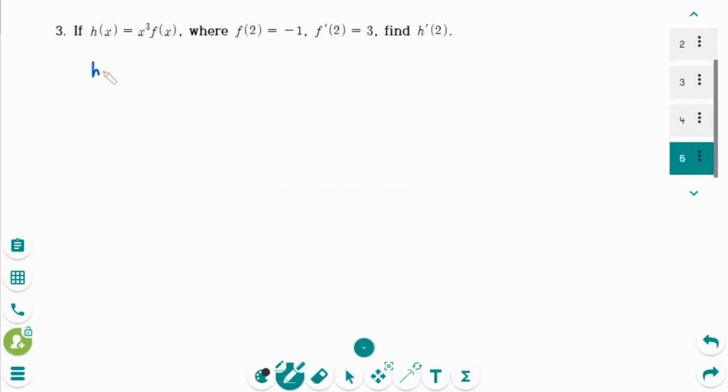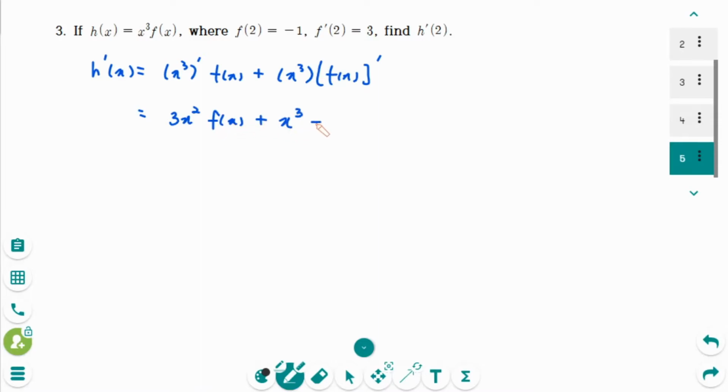Number 3, h′(x) equals first times derivative of the second, plus second times derivative of the first... So 3x² f(x) + x³ f′(x). h′(2) = 3·2²·f(2) + 2³·f′(2).